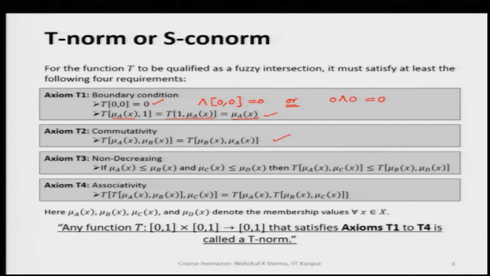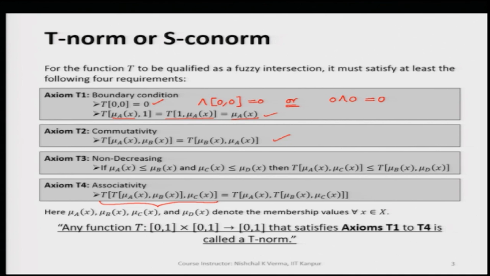When we have three membership values, say mu A of x, mu B of x, mu C of x, we can apply the triangular norm like this: the triangular norm of mu A x and mu B of x and mu C of x is going to be equal to the triangular norm of mu A of x and the triangular norm of mu B of x and mu C of x.